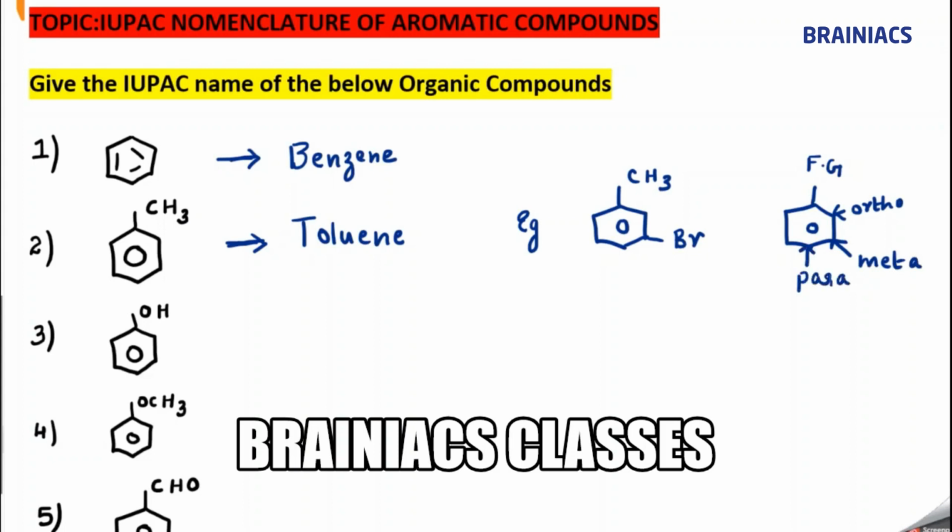All these things are told with respect to the functional group. Some students ask, sir, suppose the functional group is coming somewhere else, can you tell me where the ortho, para and meta positions are? The carbons near to the functional group, two positions, are called ortho: this is an ortho position and this is another ortho position.